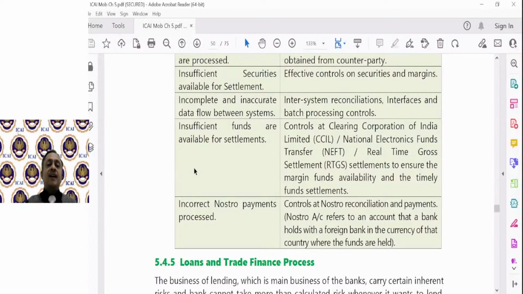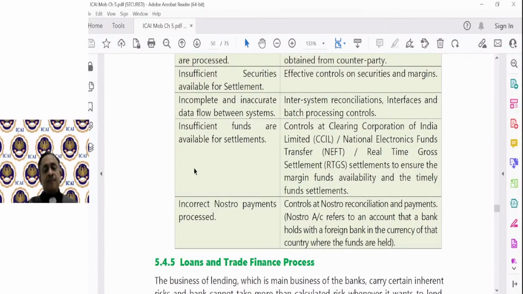Then, controls over incorrect nostro payments. Khuzema did ask, and it has come again. Controls at nostro account reconciliation and payment. Nostro refers to an account that a bank holds with a foreign bank in the currency of the country where the funds are held. Let me give an example.